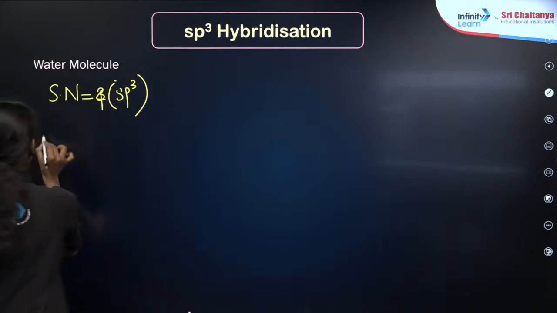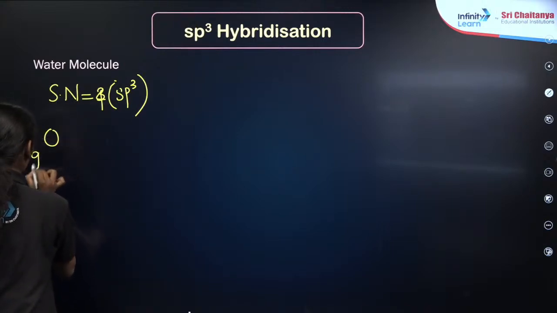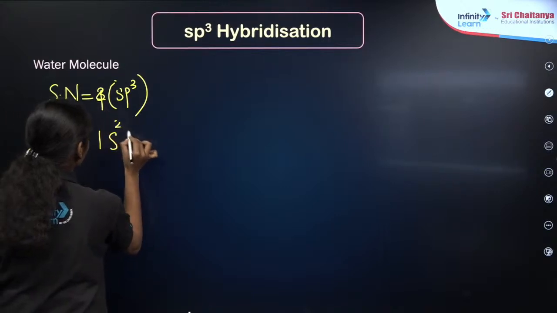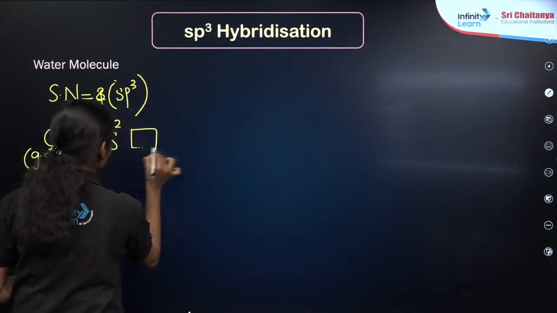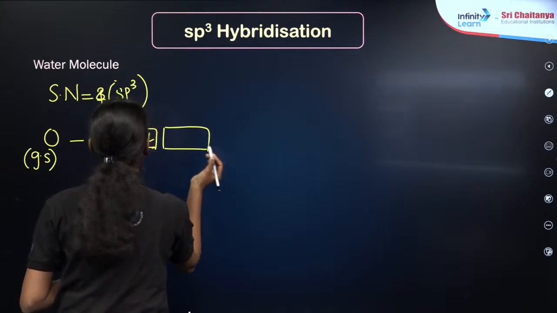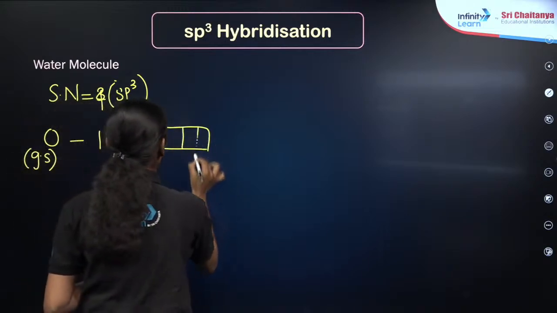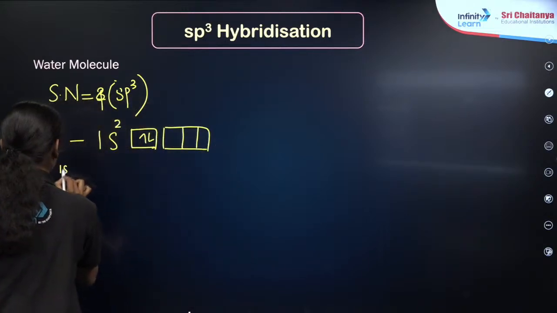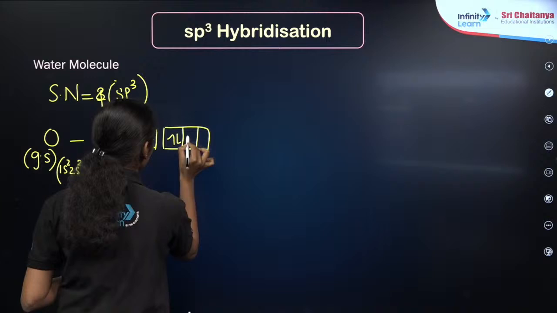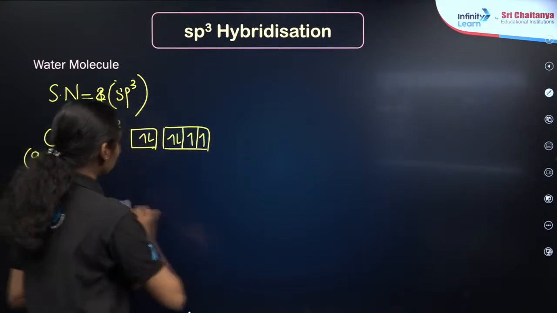Then write the ground state electronic configuration of oxygen, you will get 1s2 2s2 2p4, right? It is 2p4.